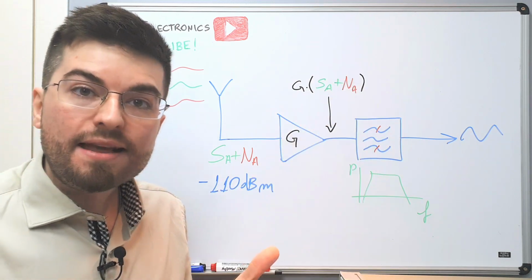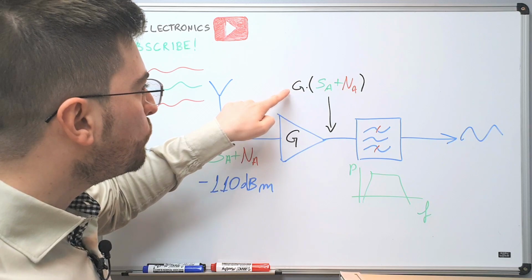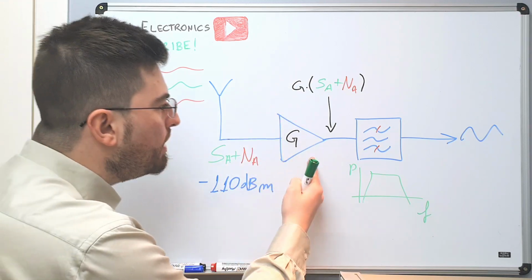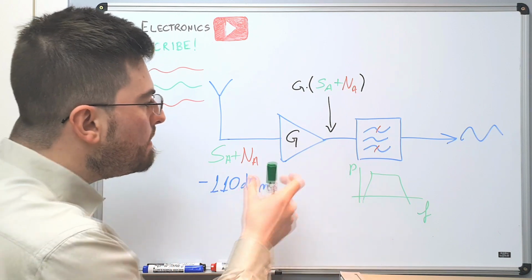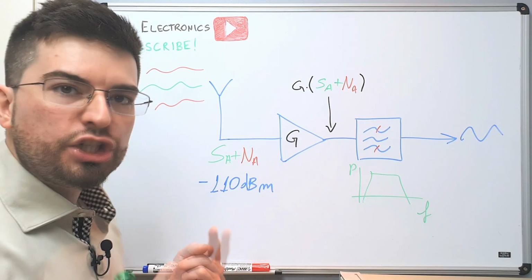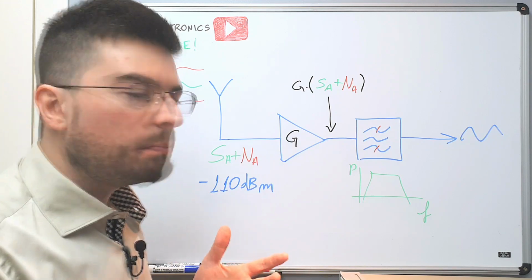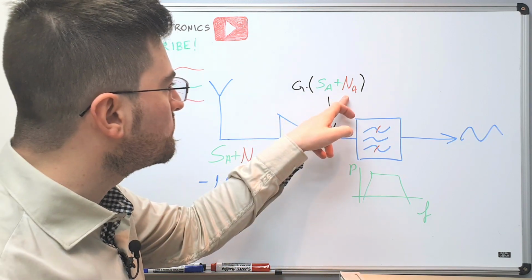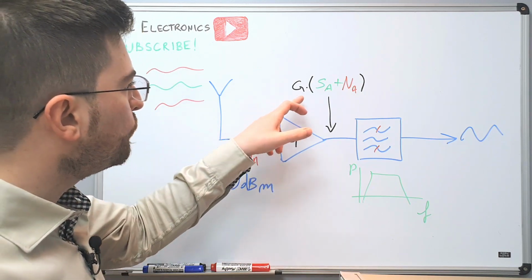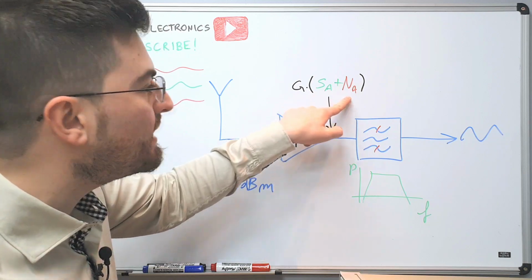And this would be amazing, because any gain we place here, any amount of gain, any number of amplifier chains, any number of amplification devices we placed here would not change the relation between the signal and the noise, because this ideal gain block is amplifying both. We are amplifying the signal and the noise.